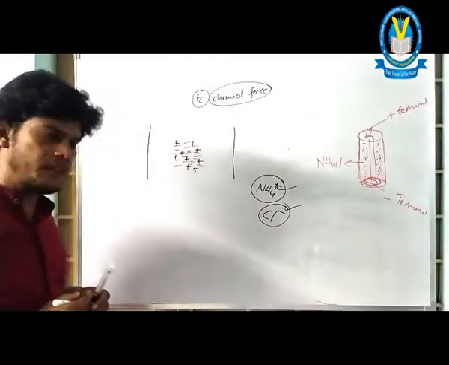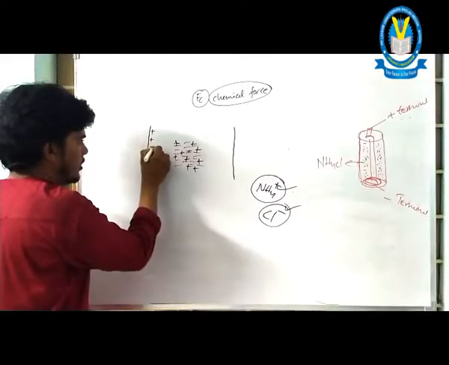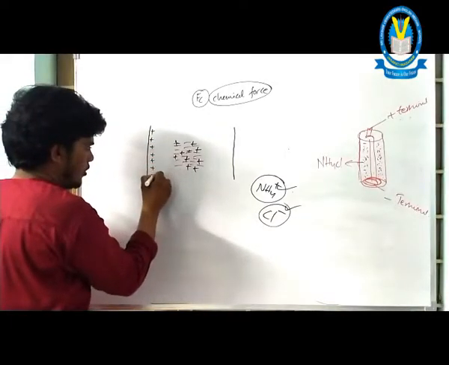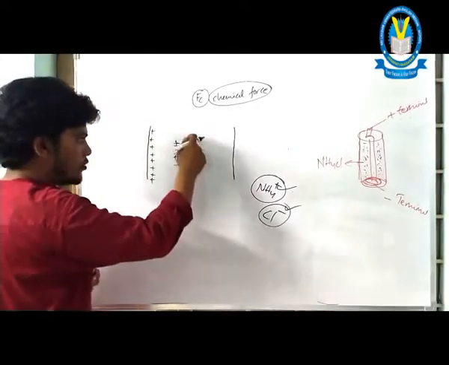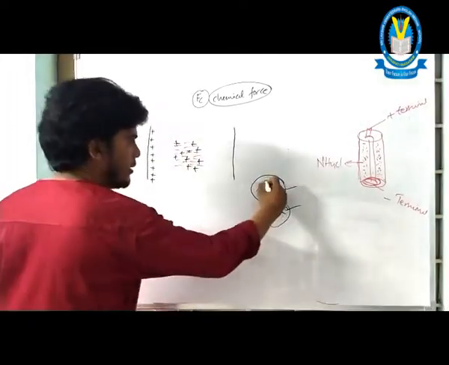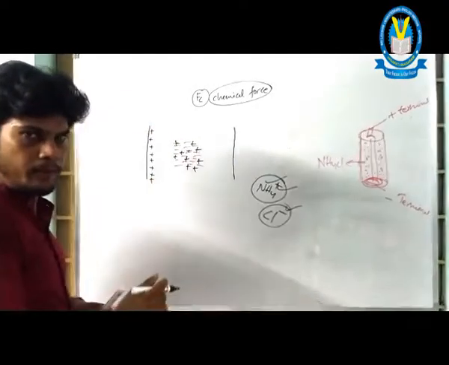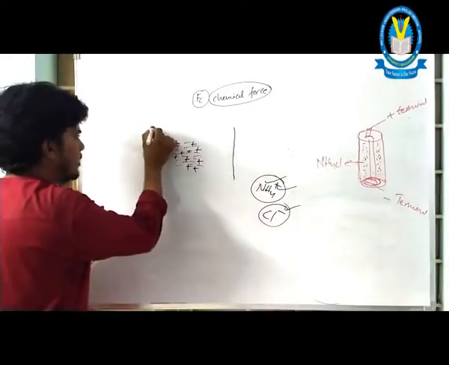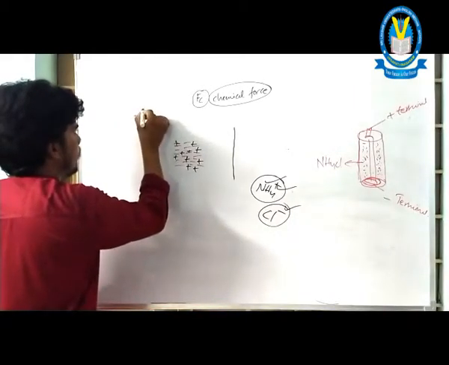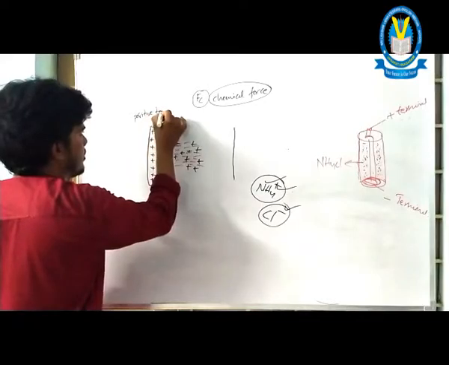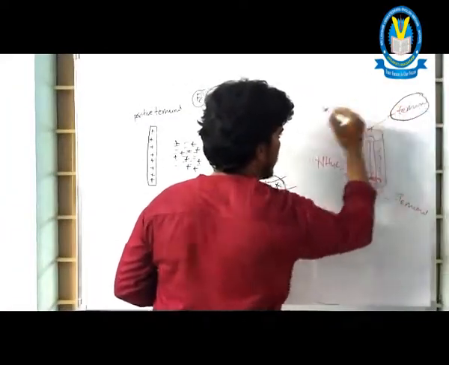Due to this chemical force, all the positive charges present in the chemical paste are accumulated at this plate. Then this plate becomes the positive terminal in the battery.